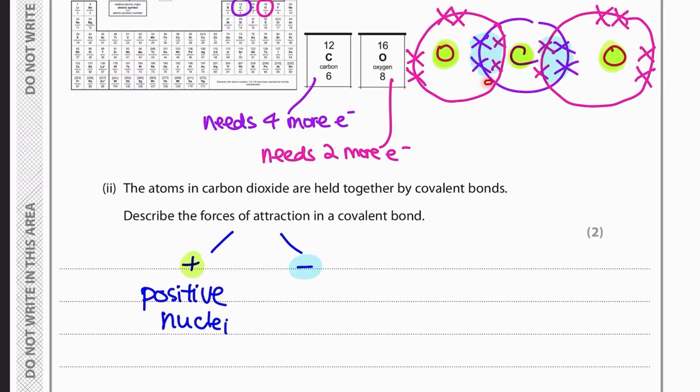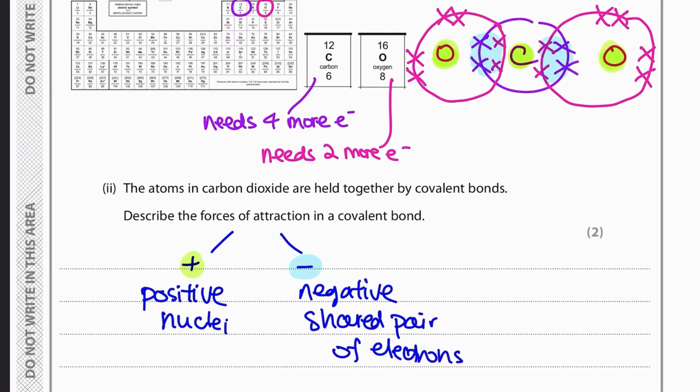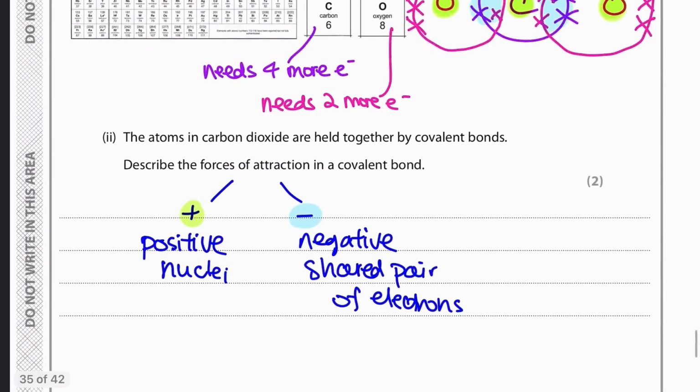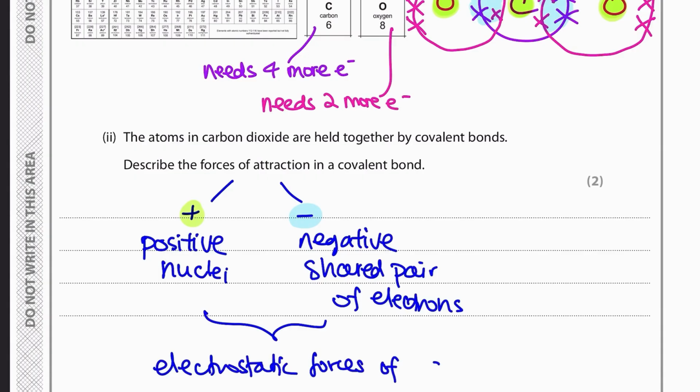So it's only these electrons, and these electrons are called shared, let's write negative first, negative shared pair of electrons. Negative shared pair of electrons. And then what about these two? You would say the electrostatic forces of attraction.